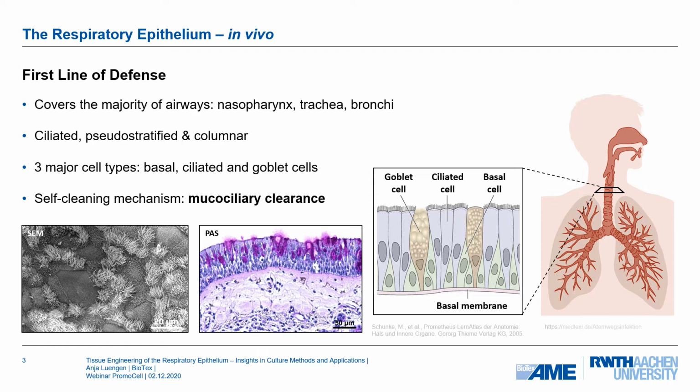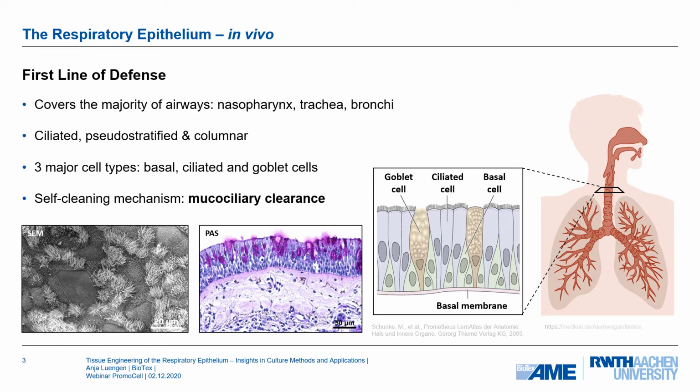Most cells are ciliated cells. That means that they carry specific organelles on their surface, the cilia. These cilia can beat actively, and by this movement they transport the mucus that is produced by the third cell type, the goblet cells. This self-cleaning mechanism of mucus production and cilia transport in the airways is called mucociliary clearance.